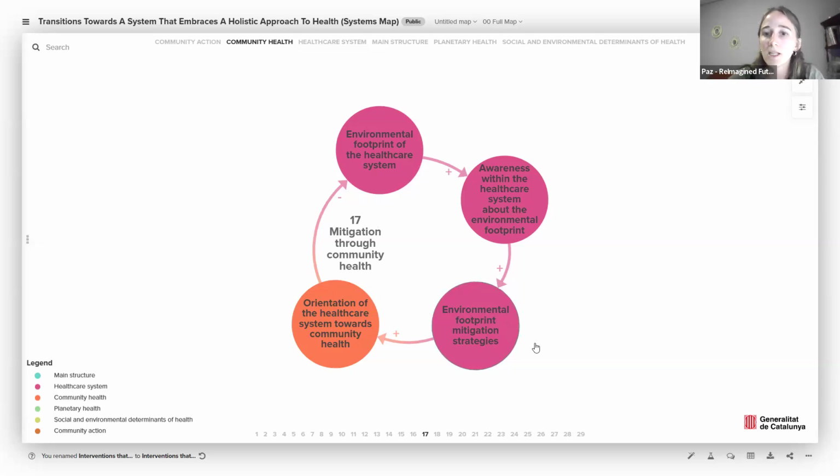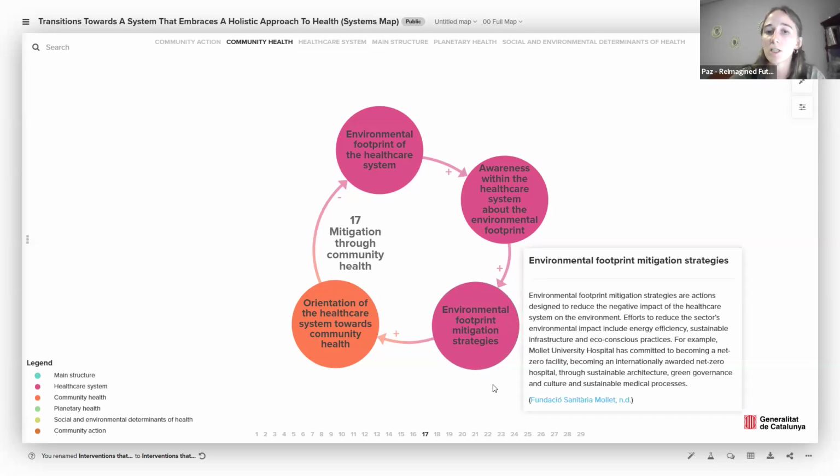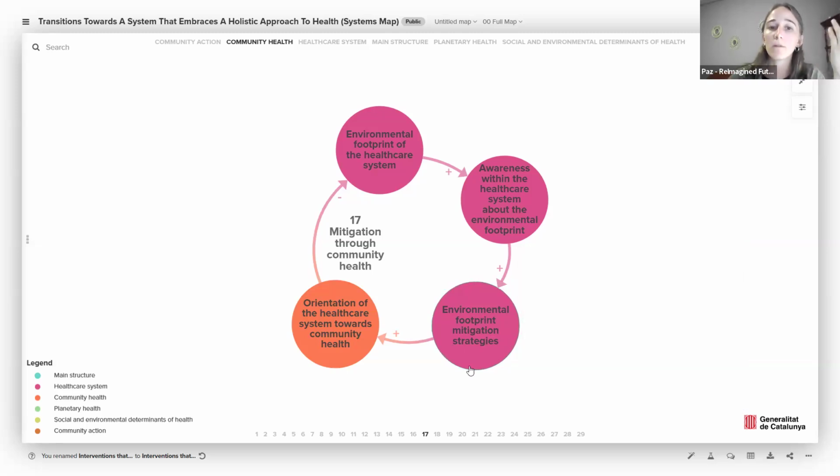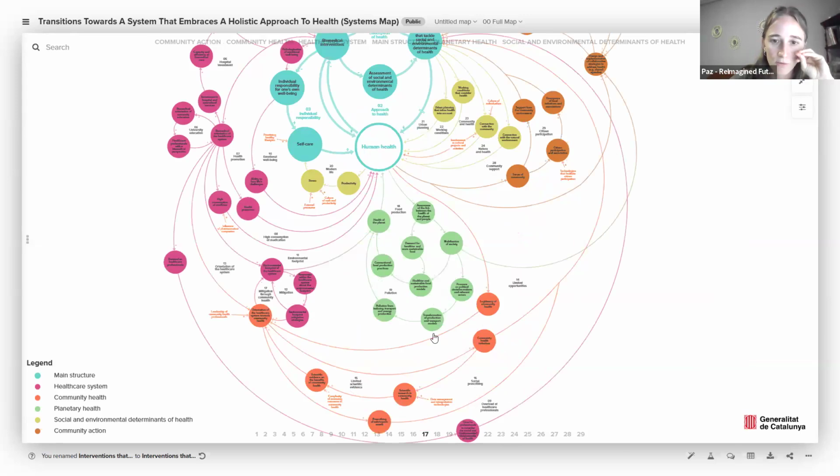So these are environmental footprint mitigation strategies that are starting to emerge. One of them is orienting the healthcare system towards a community health approach. So I summarize this region into these few loops.